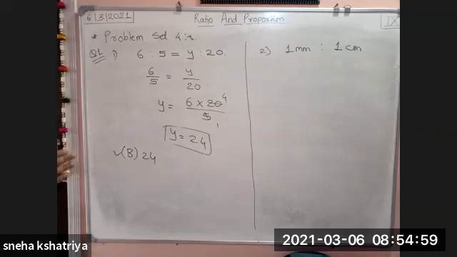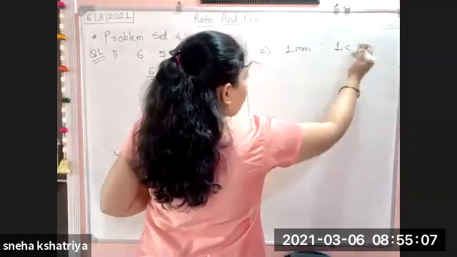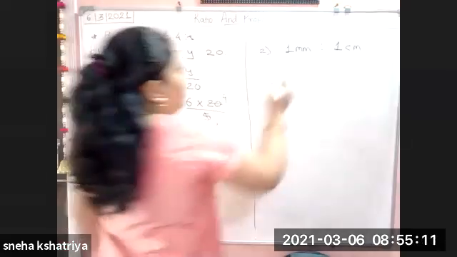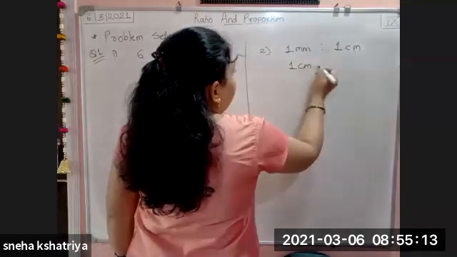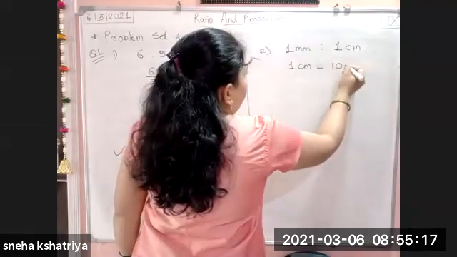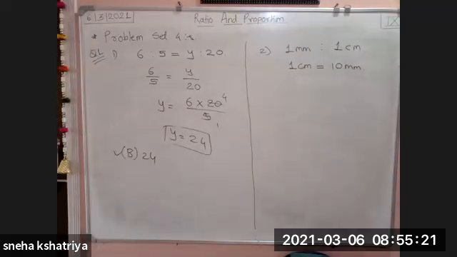If you make the unit the same, it becomes easy to find the ratio. So we are going to convert centimeter to millimeter. 1 centimeter is equal to 10 millimeter.